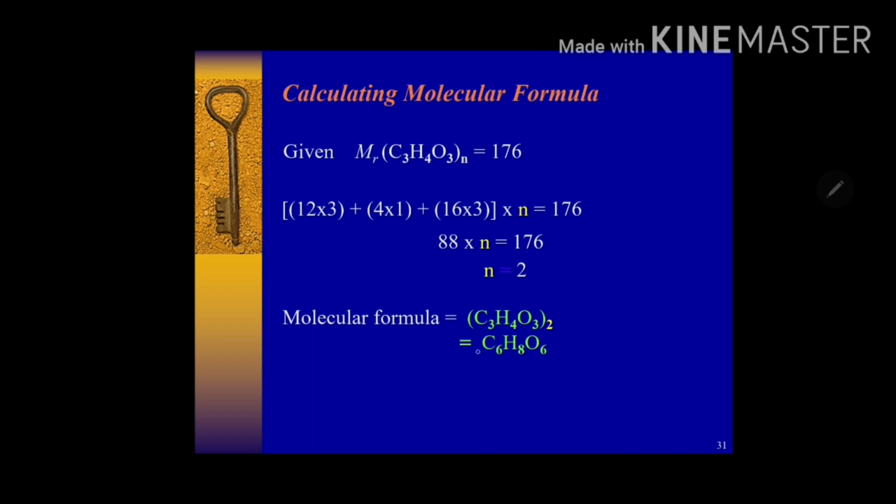So the molecular formula is C6H8O6 when you times the empirical formula by 2. This is the answer, C6H8O6. So, students, I hope you get the idea, the method of how to calculate empirical formula and molecular formula.